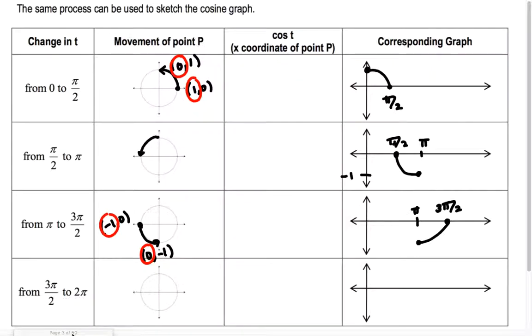Originally we started at a height of 1, so it makes sense. If I start at 3 pi over 2 and I go to 2 pi, I go from the point 0, -1 to the point 1, 0. So I do go from 0 to 1 for my cosine. Oops, I drew it wrong. Okay, up and then that. So that was from 3 pi over 2 to 2 pi.